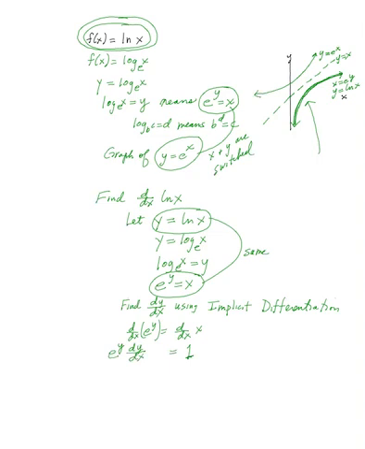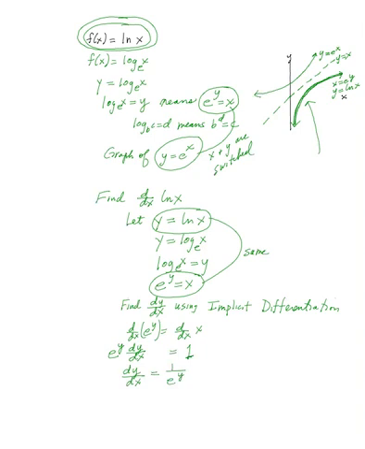So I get e to the y times the derivative of y with respect to x equals 1. Now remember, the calculus is over now. We want to solve this equation for the symbol, the derivative of y with respect to x. But it's multiplied by e to the y, so to undo that, I divide by e to the y.